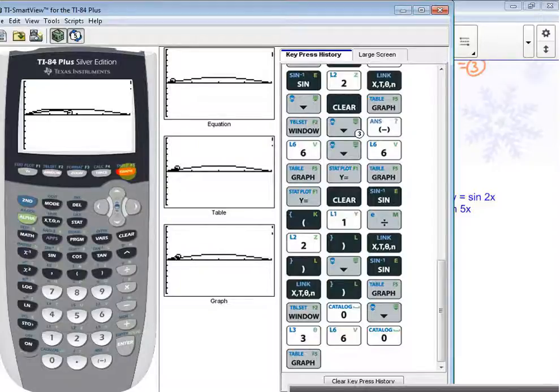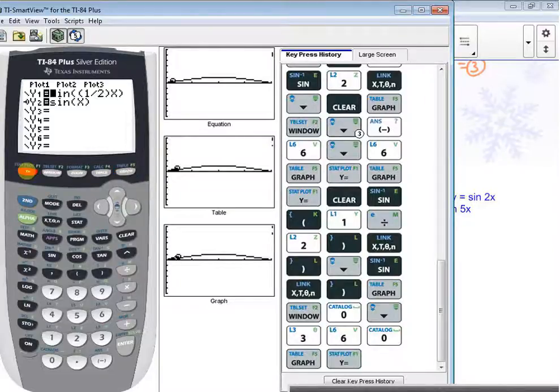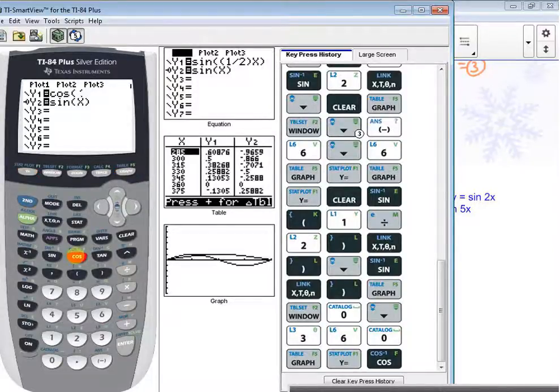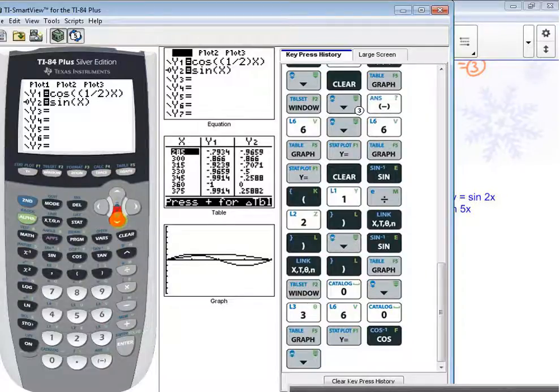It is graphing half of a sine curve. It's changing the amount of wave. The height is staying the same this time. The amplitude is the same. It's changing the frequency, not the height.